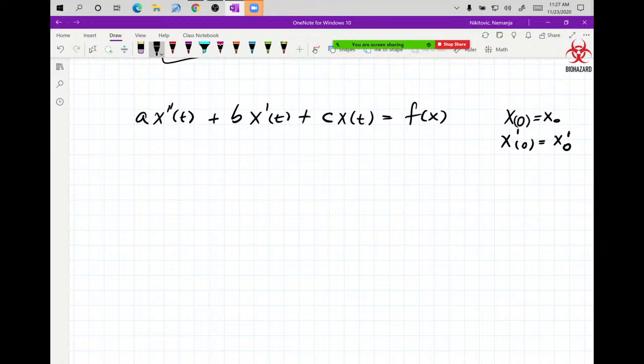So these are your initial conditions. I kind of don't like this notation. I would rather put y or something, but such is life.